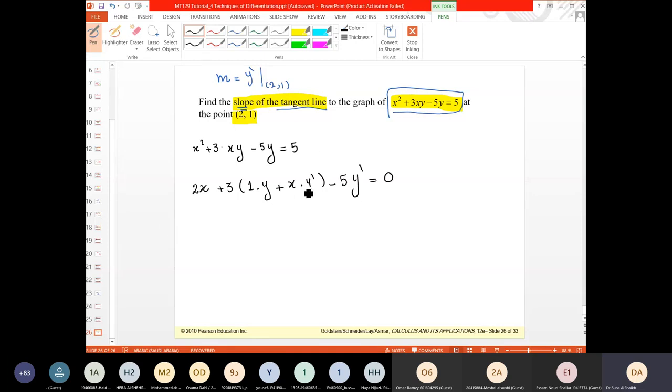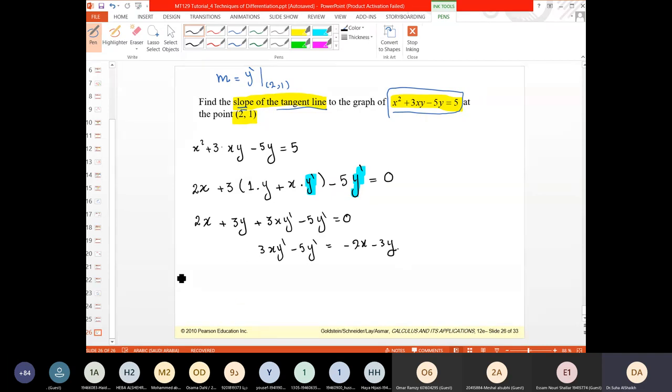And here I have to rearrange it and keep y dash on one side and the rest on the other side. So let's expand: 2x plus 3y plus 3xy dash minus 5y dash equal to 0. We collect the terms with y dash here: 3xy dash minus 5y dash equal to minus 2x minus 3y.